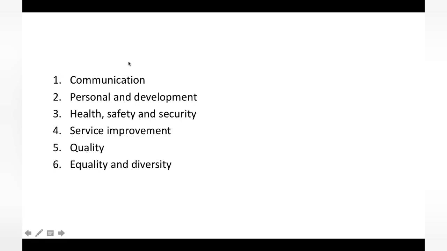If suppose somebody is technical staff, the person may have to communicate with 3-4 persons in the laboratory. But if that person is lab director, the lab director may have to communicate with the administration. The lab director may have to communicate with the patients, with colleagues, with superiors, with accreditation body. They have to communicate with so many people.